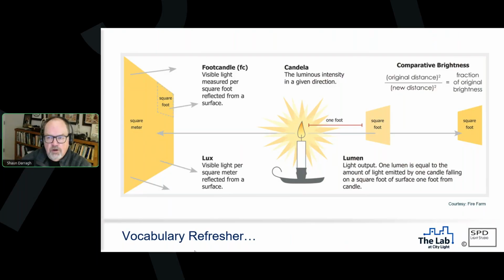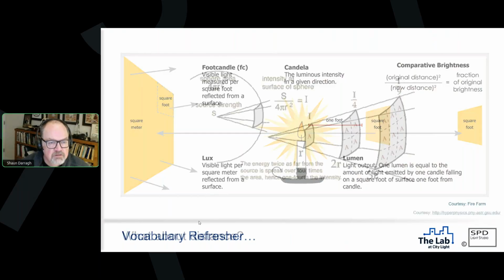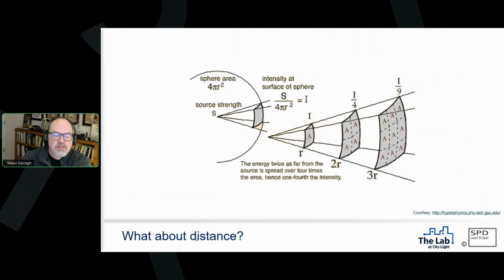And the further you get from the light source, because we have something called the inverse square law, the larger the area being illuminated is, so the less brightness you have at any given point, right?